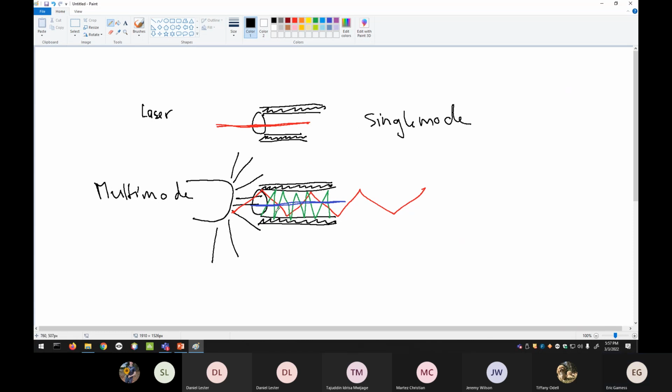So what do you think the device at the end will see? Let's say that I send a pulse, which means that I put the LED on and put the LED off. What do you think the device that receives the signal will see?